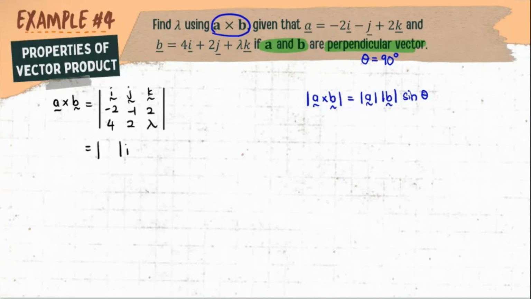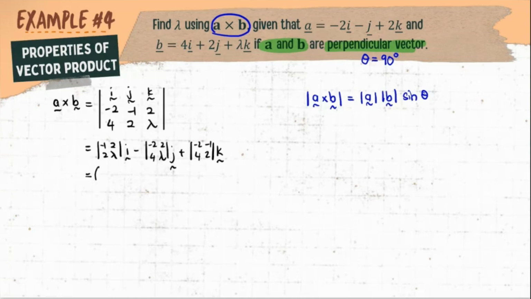So, i minus j plus k. Tutup i dapat negative 1, 2, 2 lambda. Tutup j dapat negative 2, 2, 4 lambda. Dan tutup k dapat negatif 2, negatif 1, 4, 2.